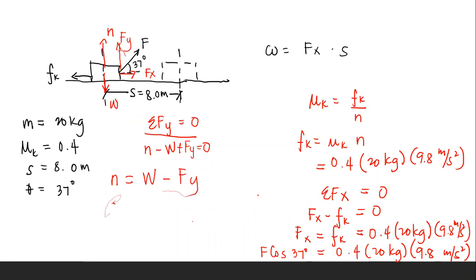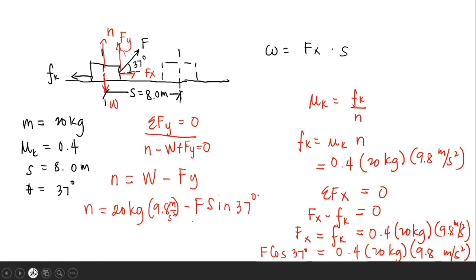The normal is equal to weight, mass times gravity, 20 kilogram times 9.8 meter per second squared, minus Fy. Fy is F sine 37 degrees.